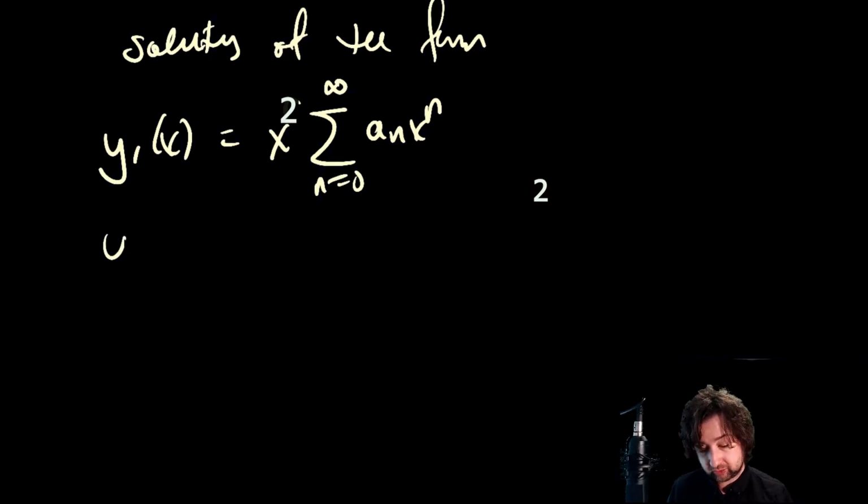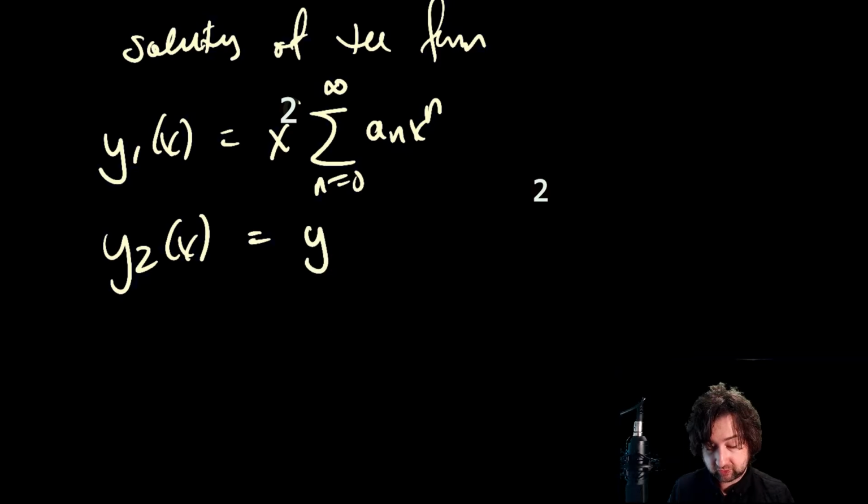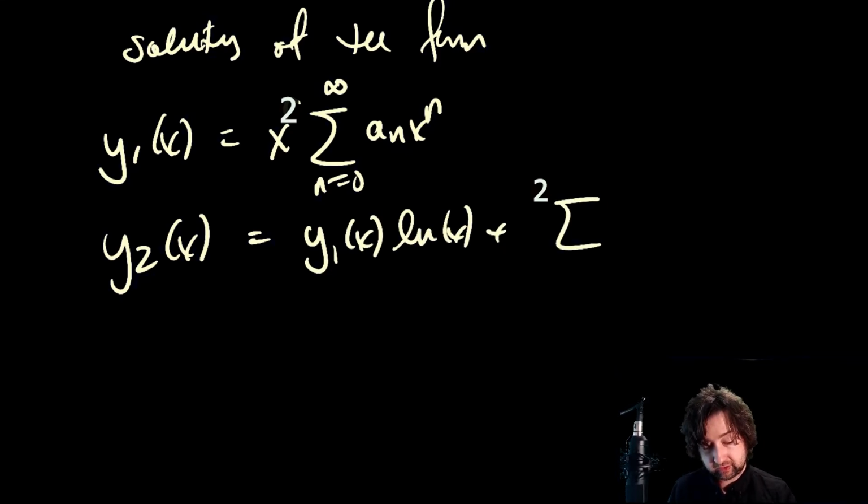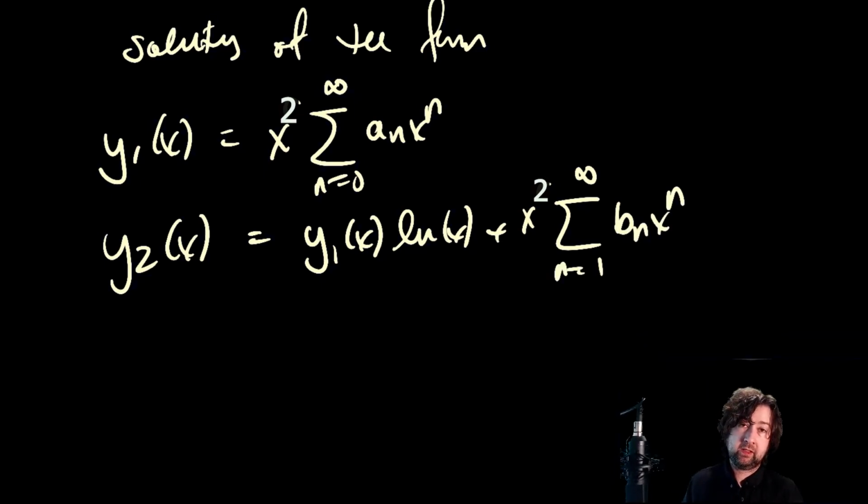And the second solution is the reduction of order modification of that, which is the first solution times the natural log of x plus a second Frobenius series. And that's it. That's the general form. You don't have to go any further than that. Let's look at another one.